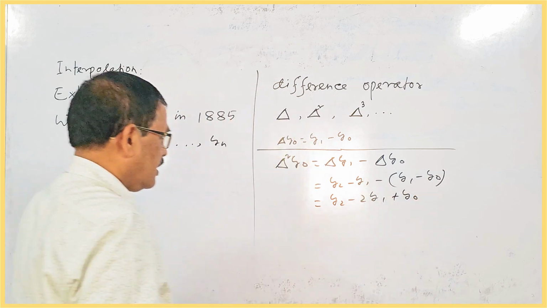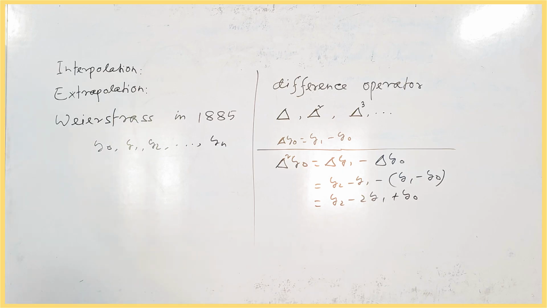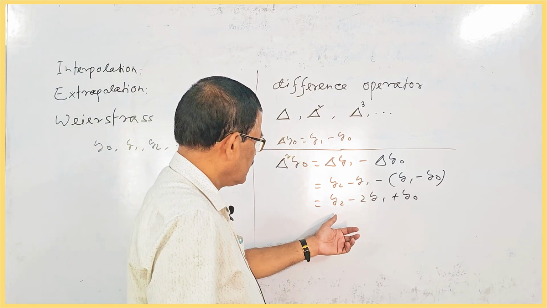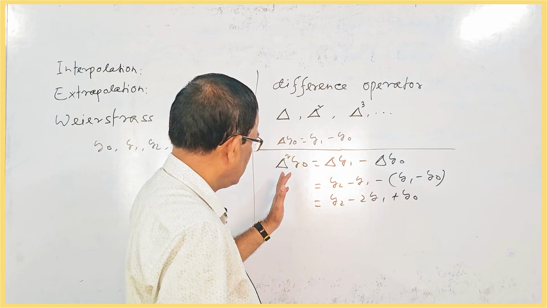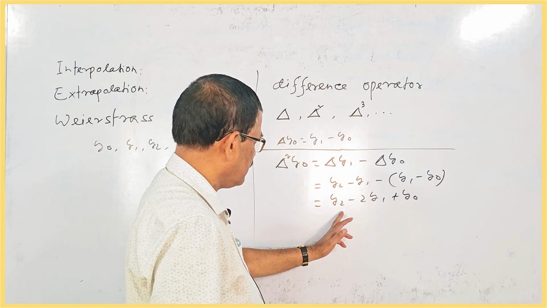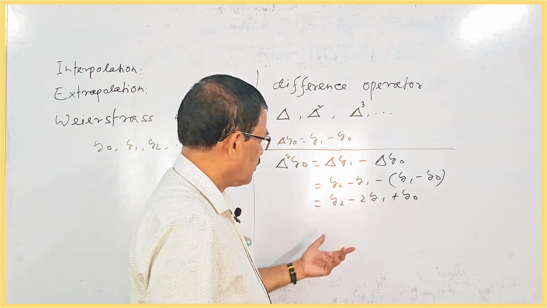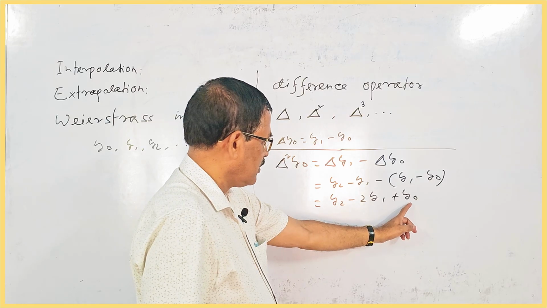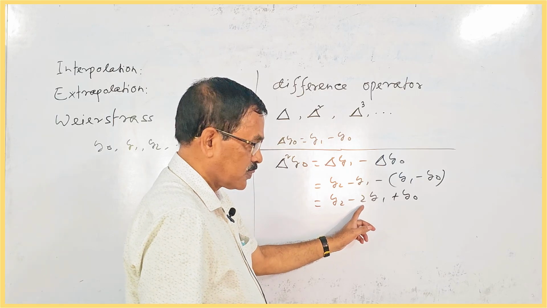In this way, I can compute delta cube y0. Moreover, you see there is a pattern of the coefficients of delta square y0. In the expanded form of delta square y0, we see that it is y2 minus 2y1 plus y0. Here the coefficients are placed in symmetry. The coefficient of y2 is 1 and the coefficient of y0 is 1 and the middle term is 2.